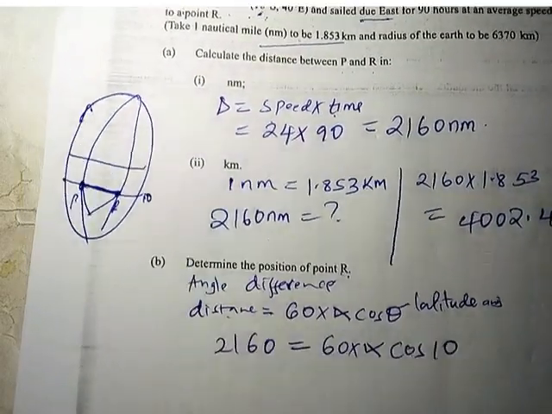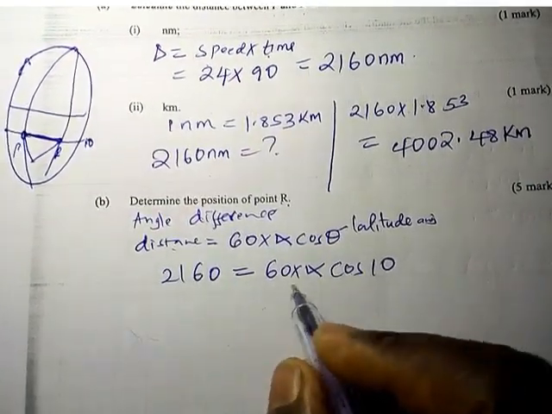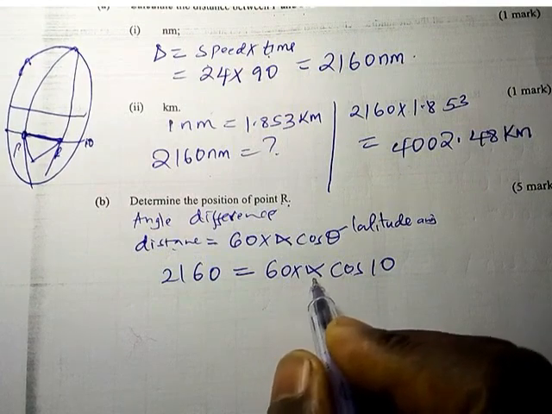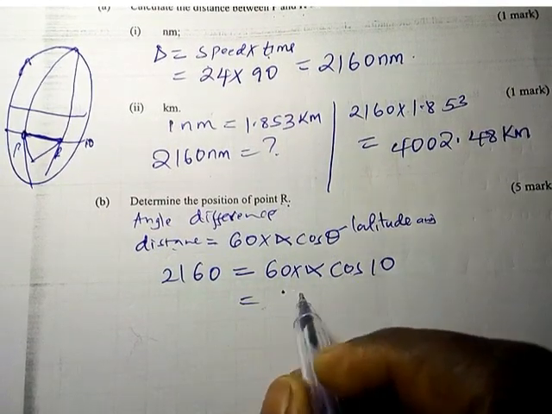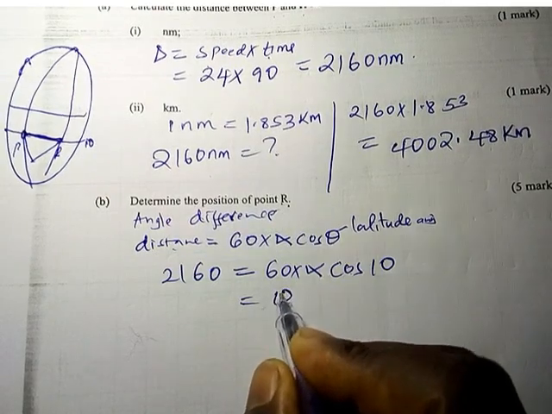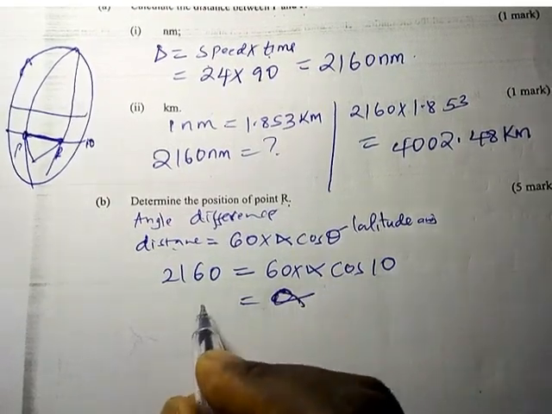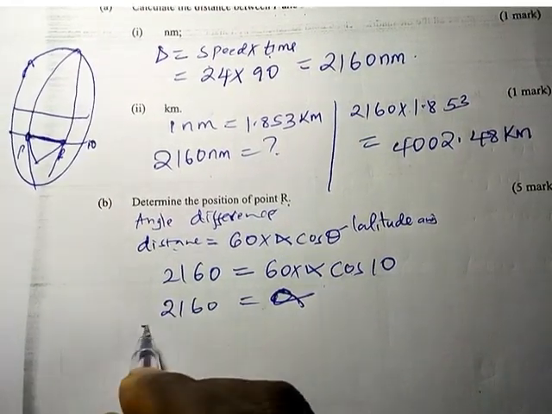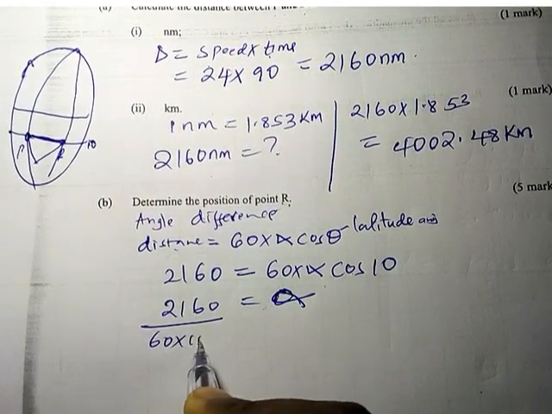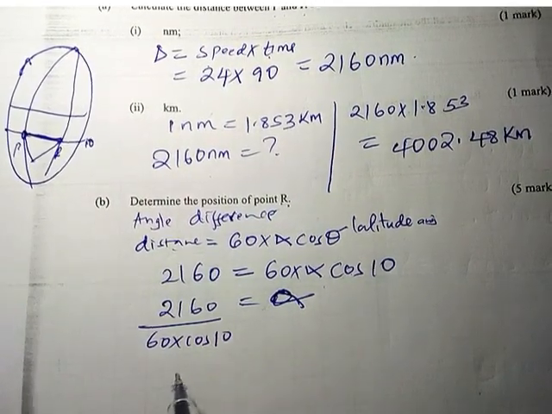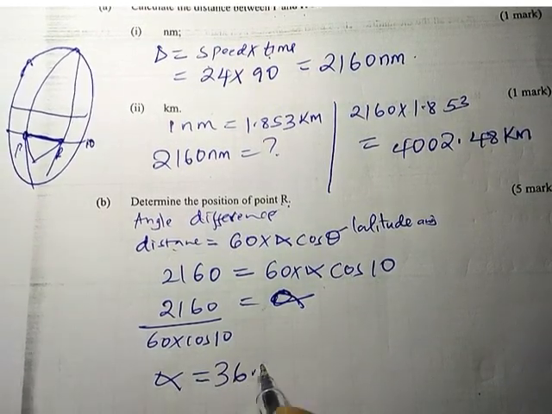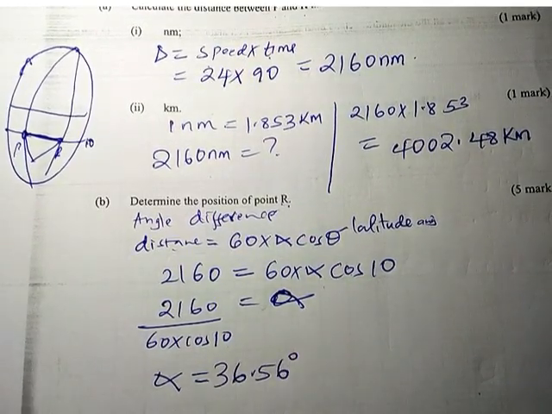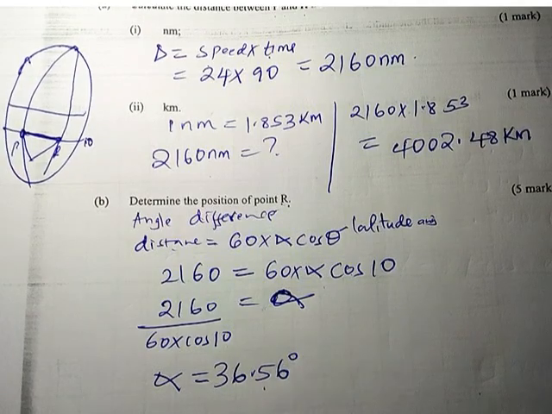So alpha will be equal to 2160 divided by 60 times cos 10, so alpha is equal to 36.56 degrees. The angle difference is this one.